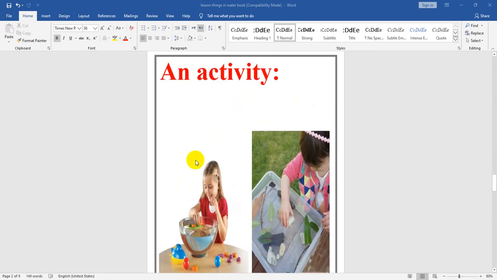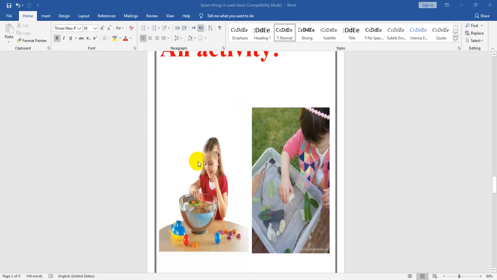Our activity today: bring a bucket and fill it with clean water. Then bring different things, such as rocks, leaves of trees, toys, and coins.